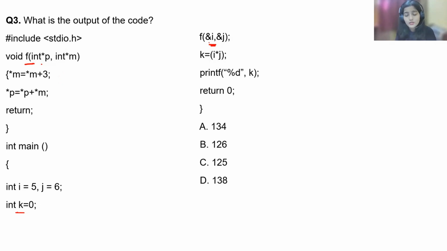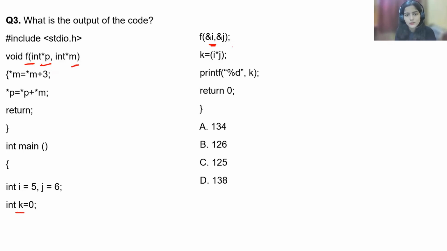So to these formal parameters, that is p and m, which are basically integer pointers, we are passing the address of i and j, which means that whatever changes you are going to make in these local variables of function f will be reflected in the actual variables i and j as well. Why so? Because you are passing the address. It's that simple. Hope that is clear.